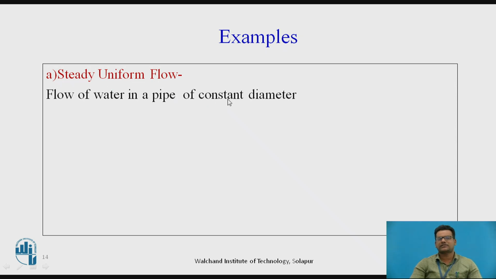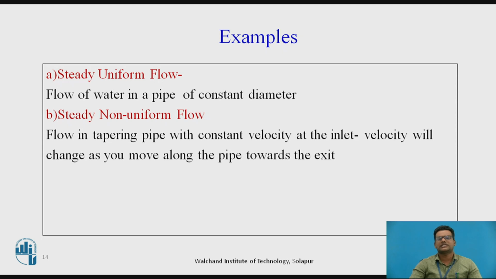Moving towards the next category example, steady non-uniform flow: flow in a tapering pipe with a constant velocity at the inlet. Now, why is this example steady non-uniform flow?